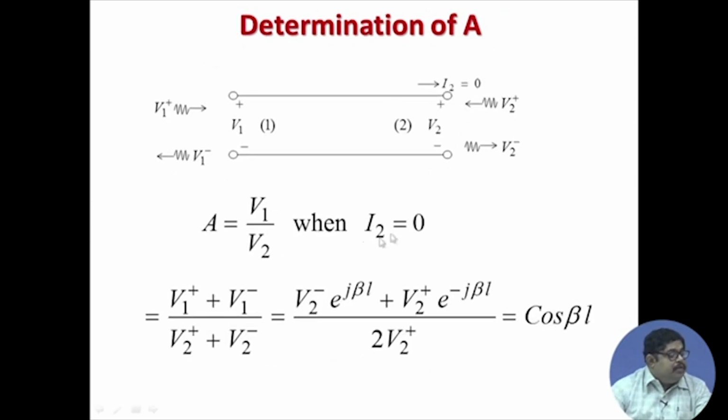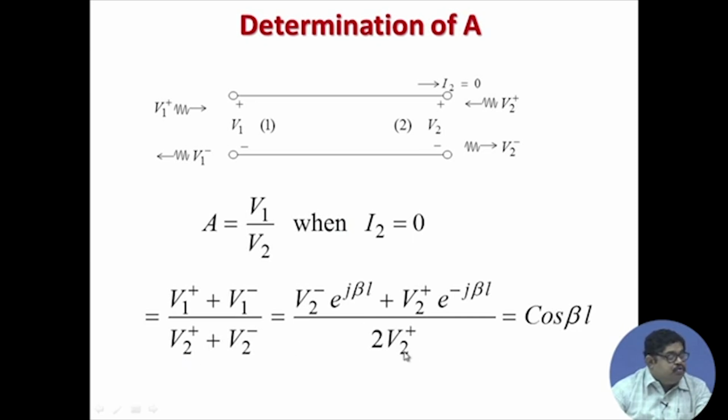Determination of A. So, A is V1 by V2 when I2 is equal to 0, that is the condition. Simply, you can write V1 as V1 plus plus V1 minus, and V2 as V2 plus plus V2 minus. Then you put those equations from equations 2 and 3, and the first equation, which was the open circuit condition, that shows that V2 minus and V2 plus are both equal.